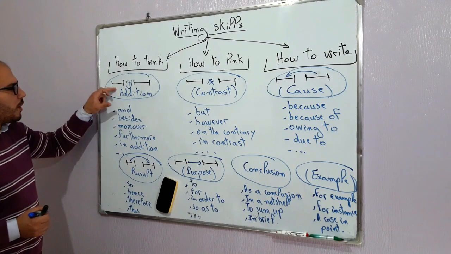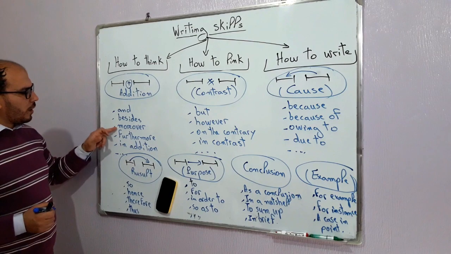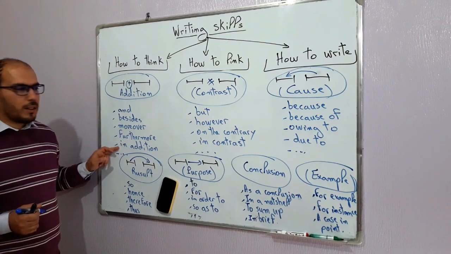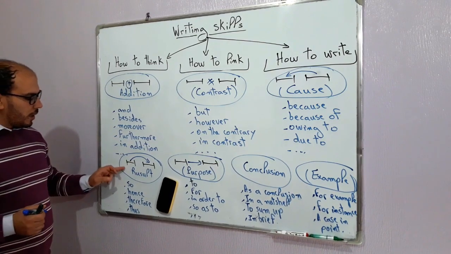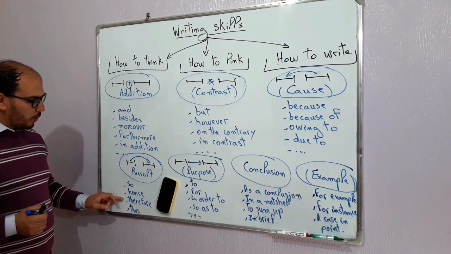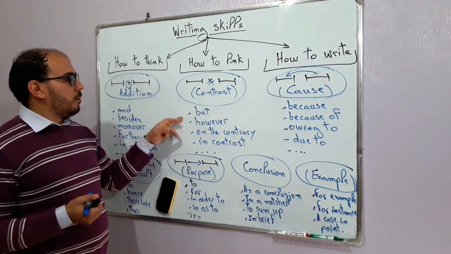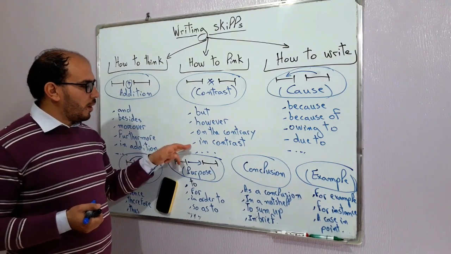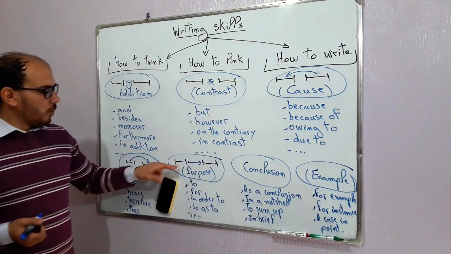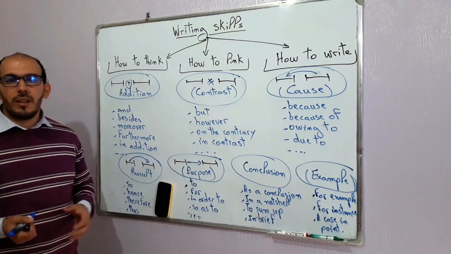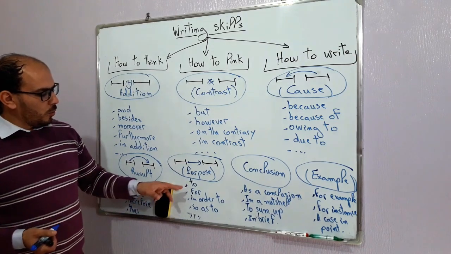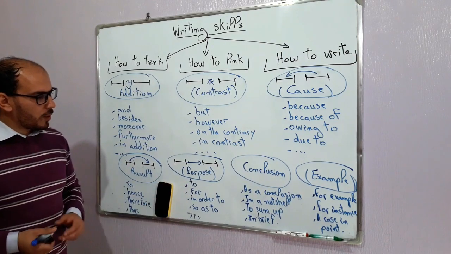So if I want to express the addition, and, besides, moreover, furthermore, in addition. If I want to express the result, so, hence, therefore, thus. If I want to express the contrast, but, however, on the contrary, in contrast. If I want to express the purpose or the objective, to, for, in order to, so as to.